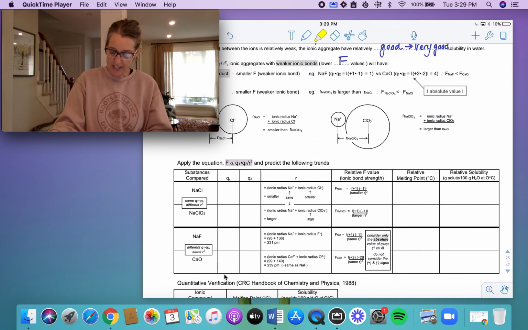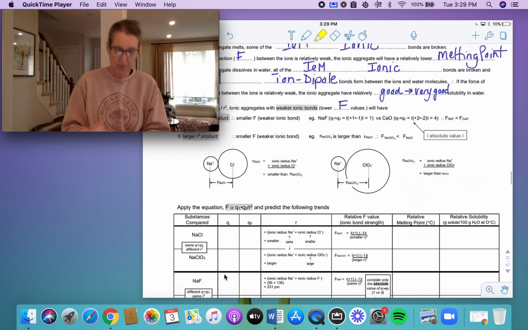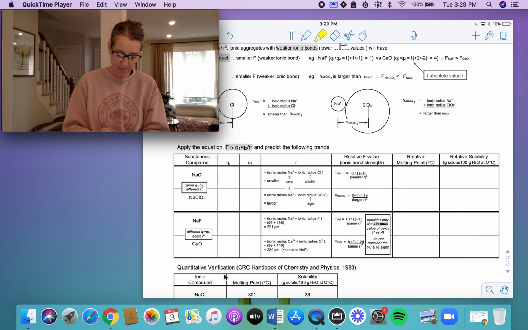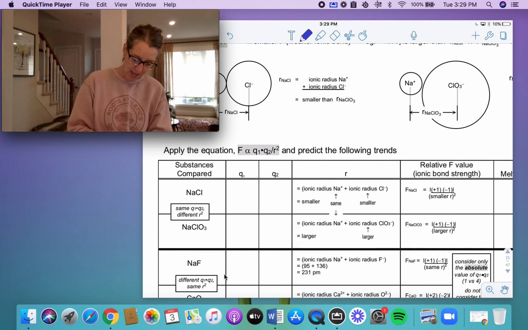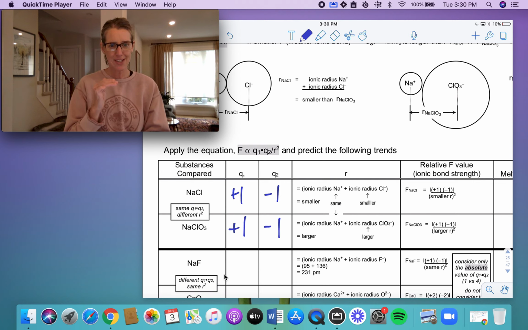Okay, so let's look at this table down below. There's a few things for you to fill in, and this is the summary table right here. If we're comparing sodium chloride and sodium chlorate, can you see here that they both have a +1 charge and a -1 charge? So if you're comparing these two, the Q values will give you the same calculated value. The radius is what's different, okay?